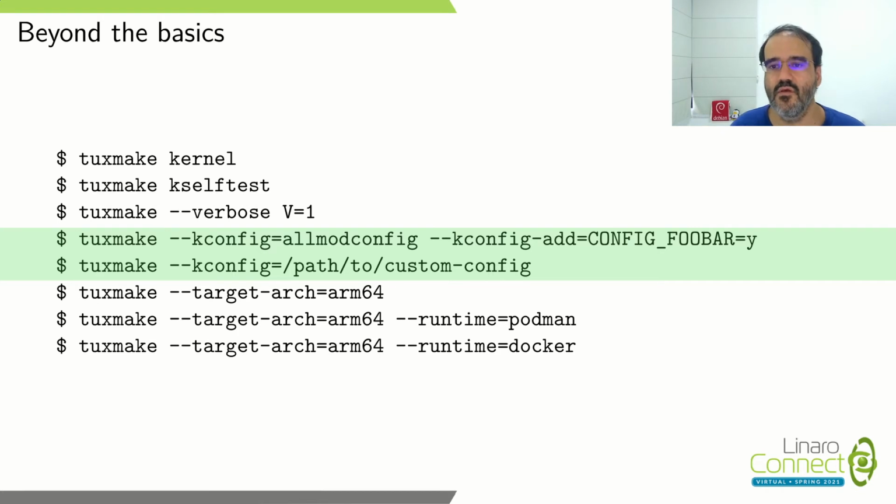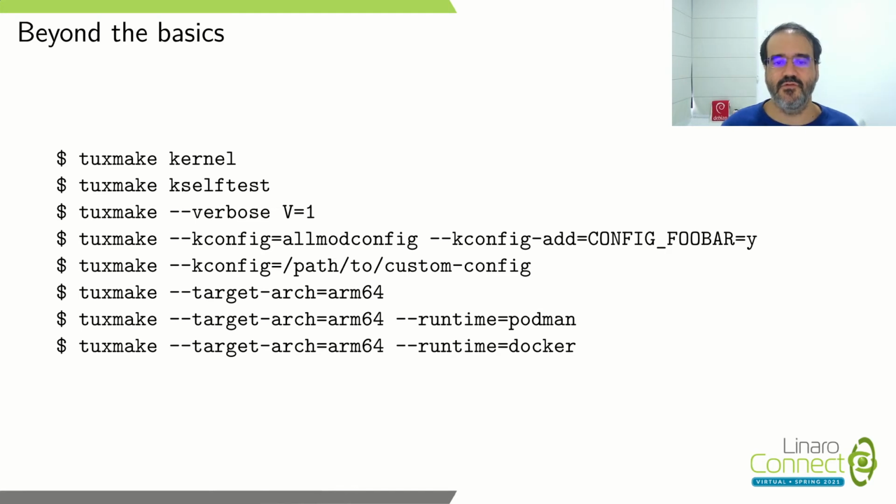It can be a config fragment directly in the command line, or you can also point to a local configuration file which has the several config fragments you want to enable. For kconfig, you can also point to a local file, so you can store a custom configuration file, or use your distribution configuration file just pointing to it in the command line.